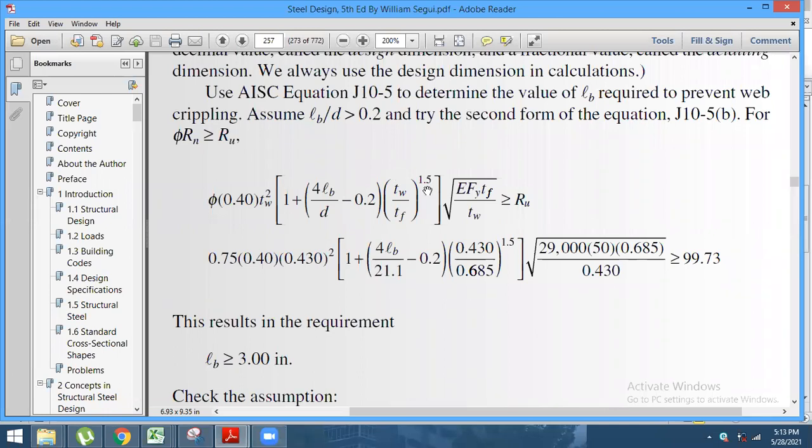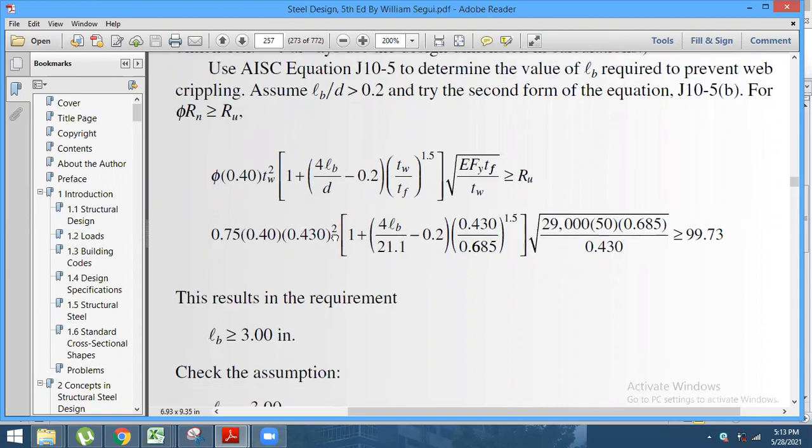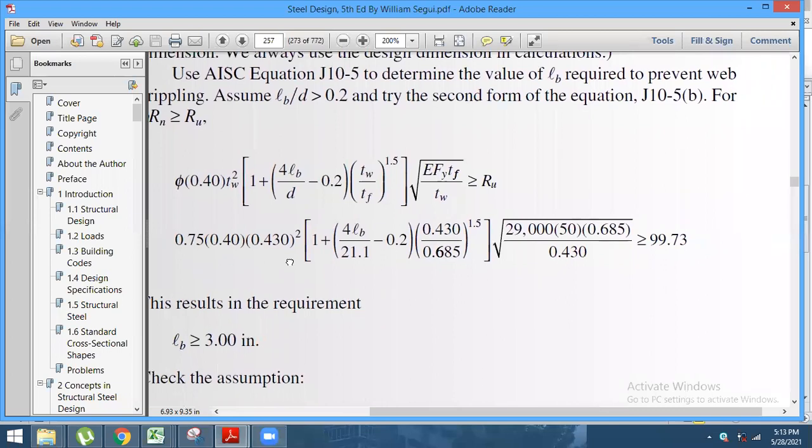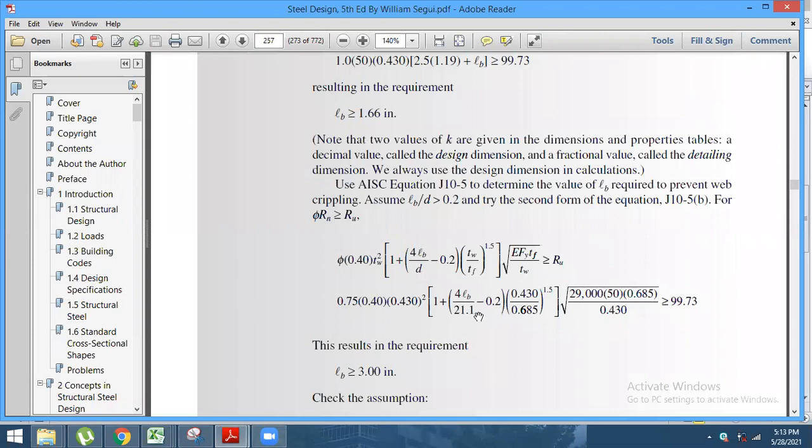Okay? So, next one is 0.75, 0.4 times thickness of the web na 0.43. Okay? Then, 0.43 inches, 1 plus 4 LB over D, 21.1.